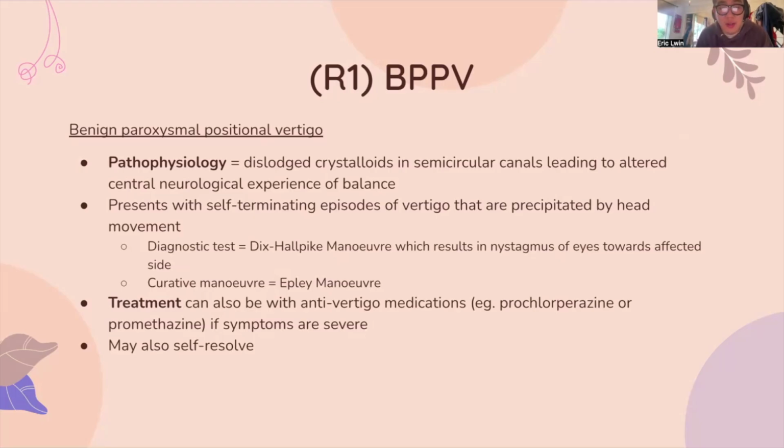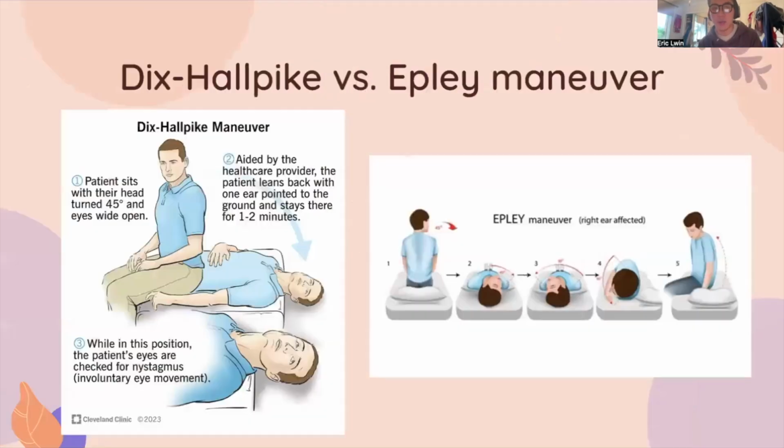And there is another curative maneuver, called the Epley maneuver, which we're essentially using to try to move these crystalloids back into the semicircular canals. The treatment for BPPV is with anti-vertigo medication, so you can give prochlorperazine or promethazine if symptoms are severe and if they have nausea, vomiting. But BPPV may also self-resolve, and we can also try resolving it with these maneuvers that I'll talk about now.